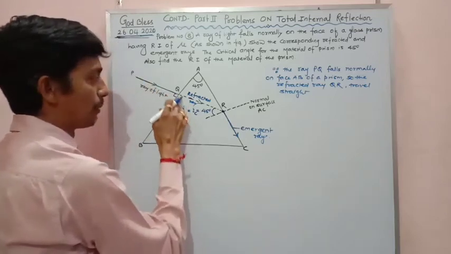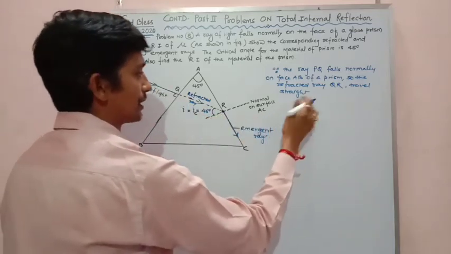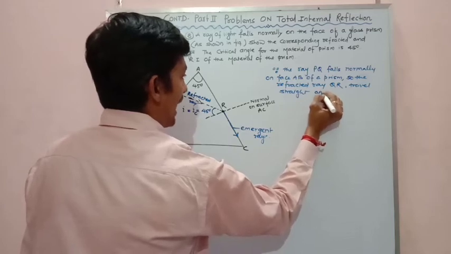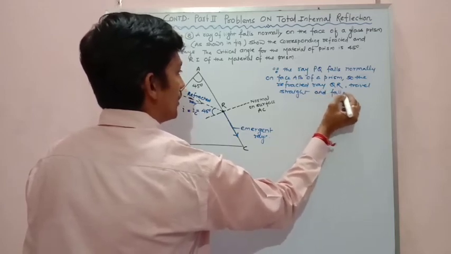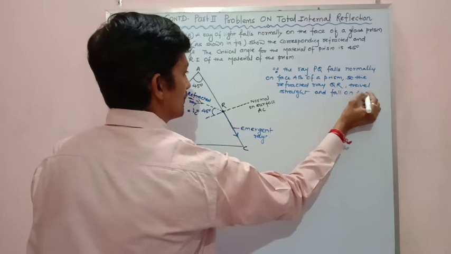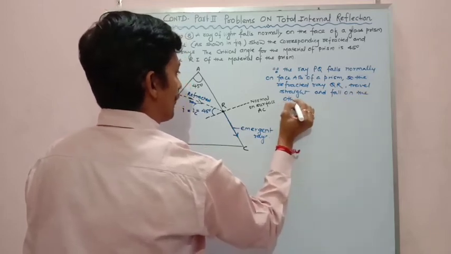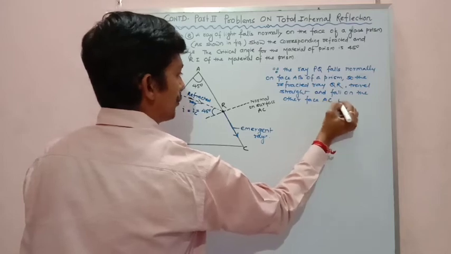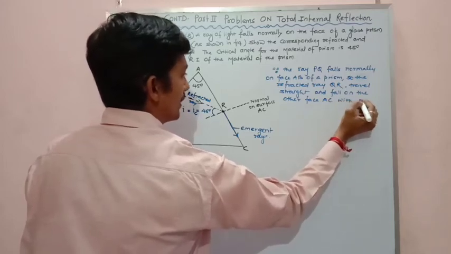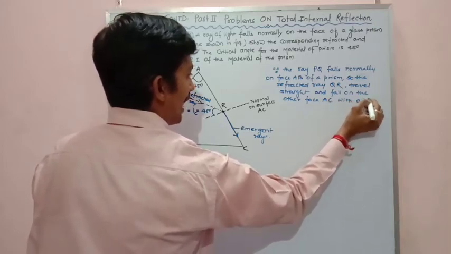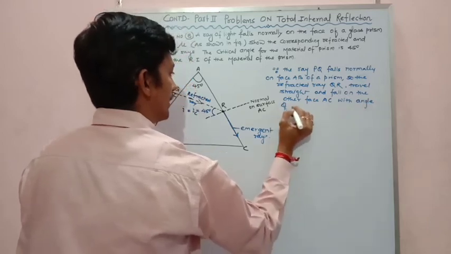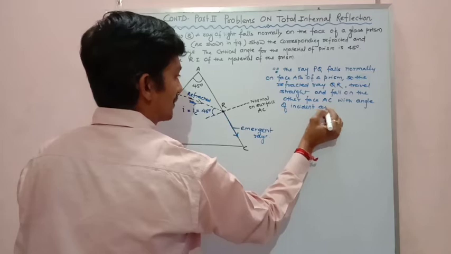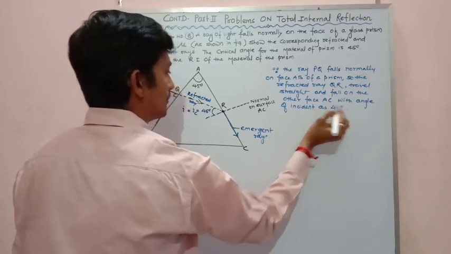Since it is falling normally, the refracted ray QR travels straight and falls on the other face AC with angle of incidence as 45 degrees.